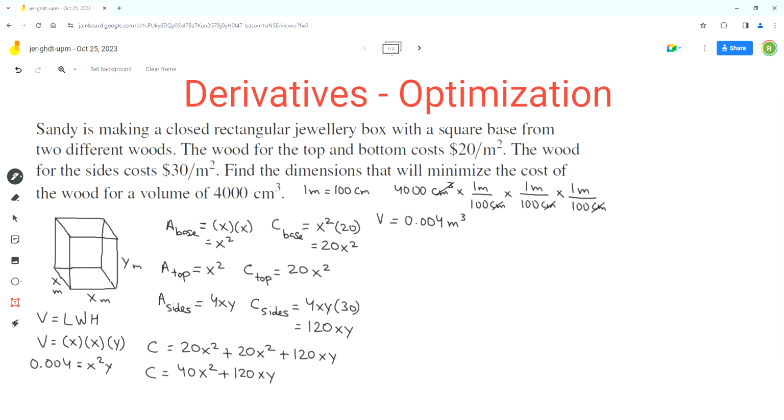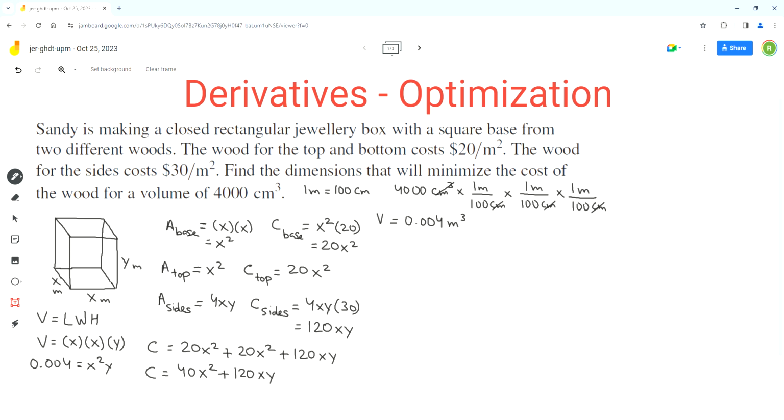Now this cost equation has 2 variables, x and y, so we can do the substitution for y from the volume equation. We should do the substitution for y, not x, because x exists in this cost equation in 2 forms, x and x squared. So it will be easier to do the substitution for y.